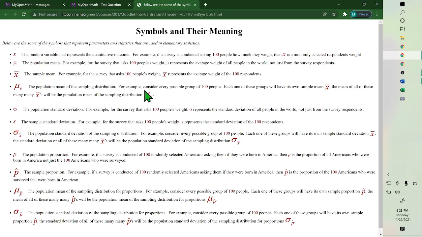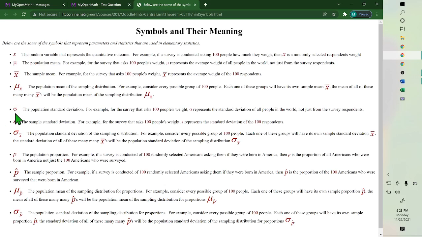That is the population mean of a sampling distribution. So it takes every single one of your samples, the whole population of samples, and finds the average.